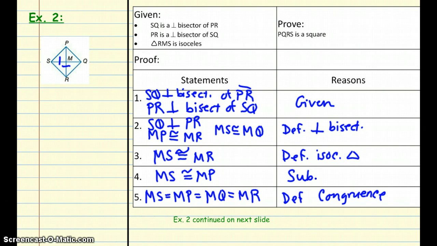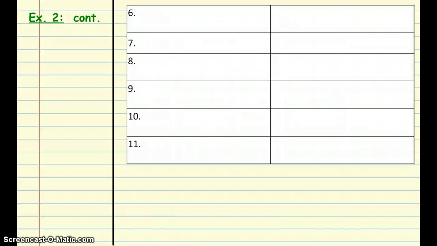Okay, our big goal here is that we need to prove that this is both a rectangle and a rhombus in order to prove that it is a square. So I'm going to go to the next slide and we'll finish this 2-column proof. In step 6, we can say that MS plus MQ is equal to SQ, and MR plus MP is equal to RP, and we can do that because of segment addition.